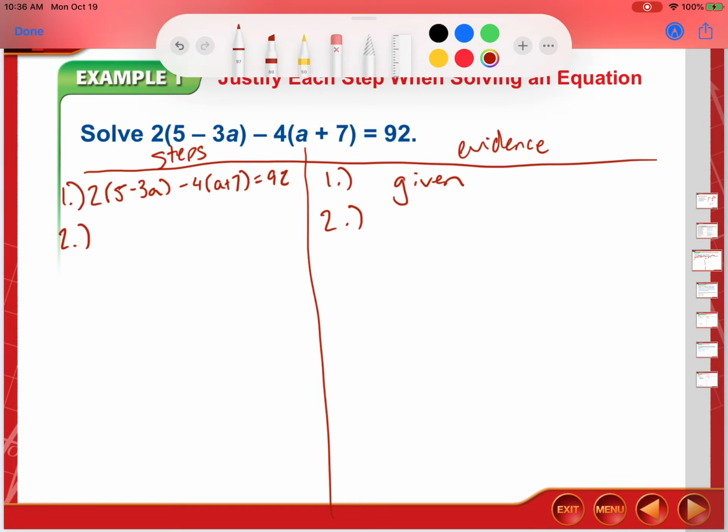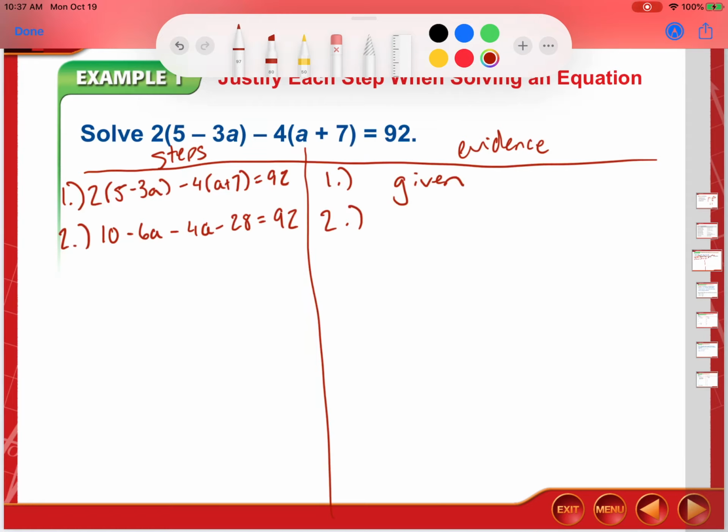So first step for me, I want to distribute both the 2 and that -4 into the parentheses. So my second step is going to look like 10 minus 6a minus 4a minus 28 equals 92. So we don't actually show our work. Our work is shown based on our justifications here.